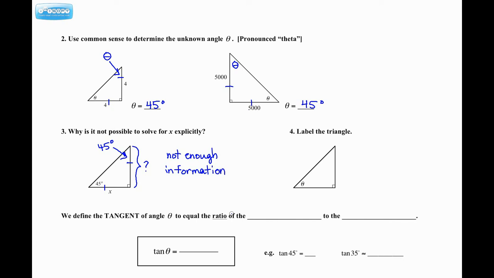Okay. Number 4, label the triangle. Well, what does it mean by label? Well, I'm just going to introduce some terminology. So if I have a right triangle, and then I choose one angle here just to be theta, these three sides have names.